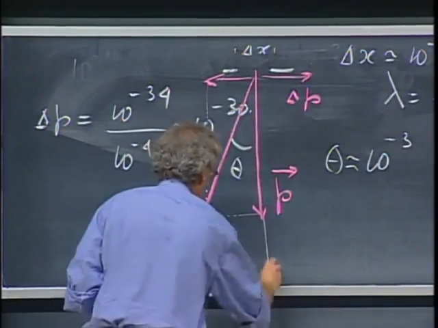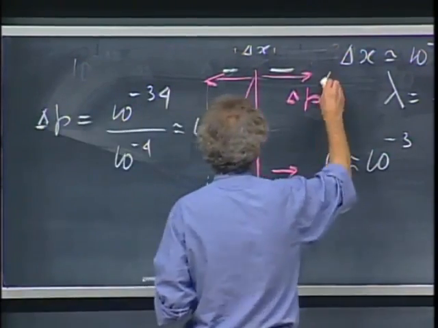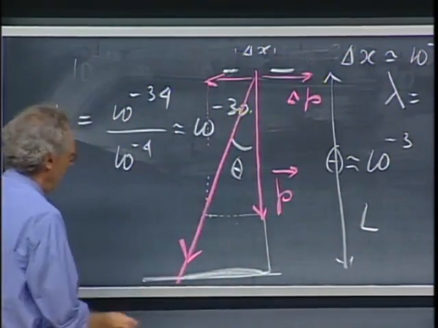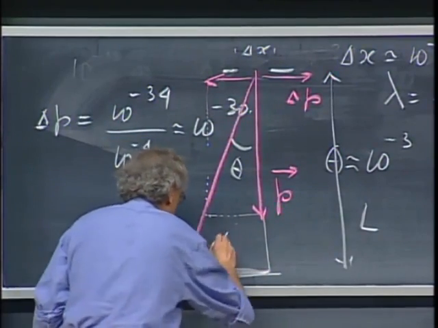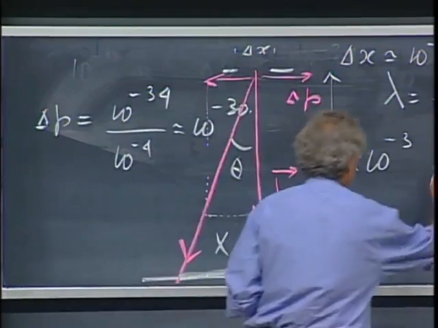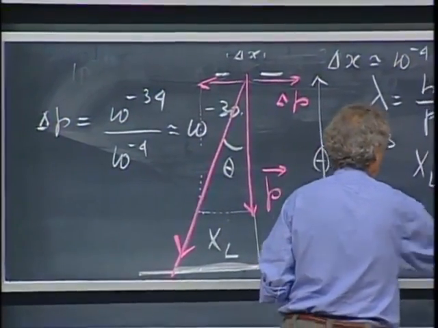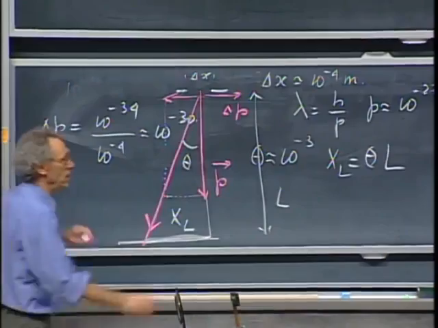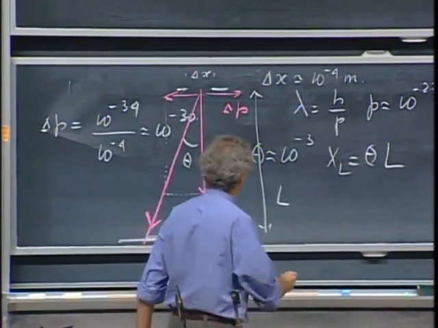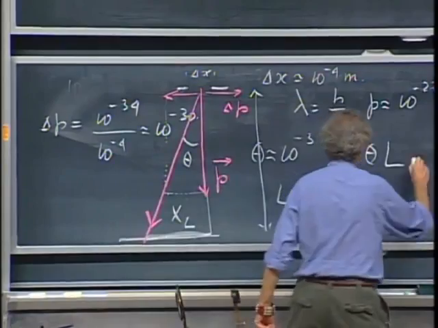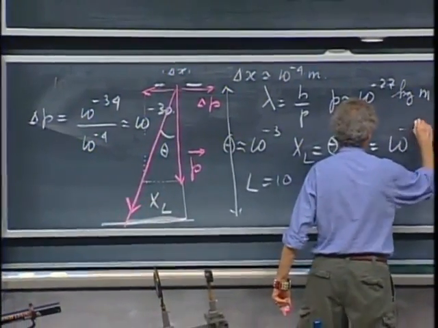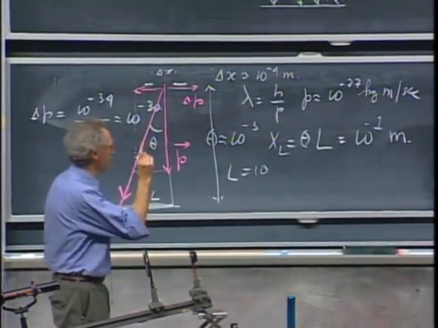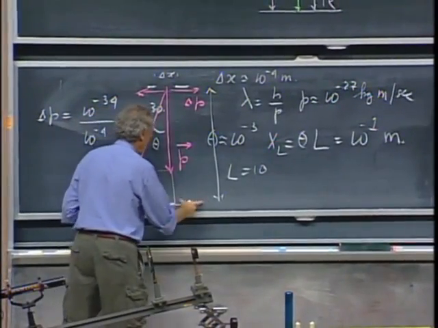And if at a distance L you have a screen, then the spot on this screen, x at location L, is obviously theta times L. If theta is 10 to the minus 3, and let's assume this is about 10 meters away from us, so L is about 10 meters, then you get 10 to the minus 2 meters. That is 1 centimeter. 1 centimeter in this direction and 1 centimeter in that direction.